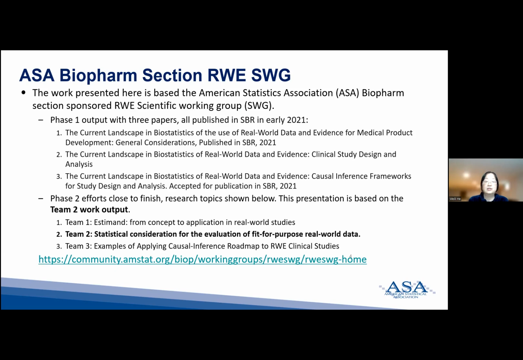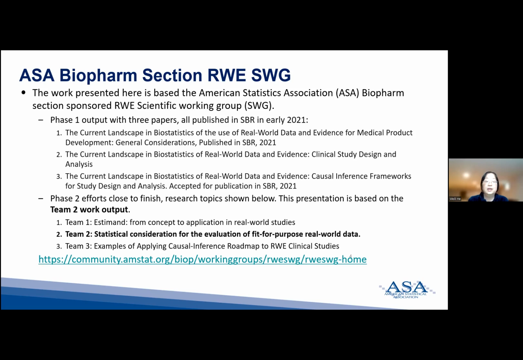Phase 2 started in summer of 2020, so it's been almost 2 years, a year and a half actually. We divided the team into 3 sub-teams. Team 1 looked into estimands from concept to application in real-world studies. Team 2, which is our team, with Mark and me as the co-leads, researched the statistical considerations for the evaluation of fit-for-purpose real-world data.